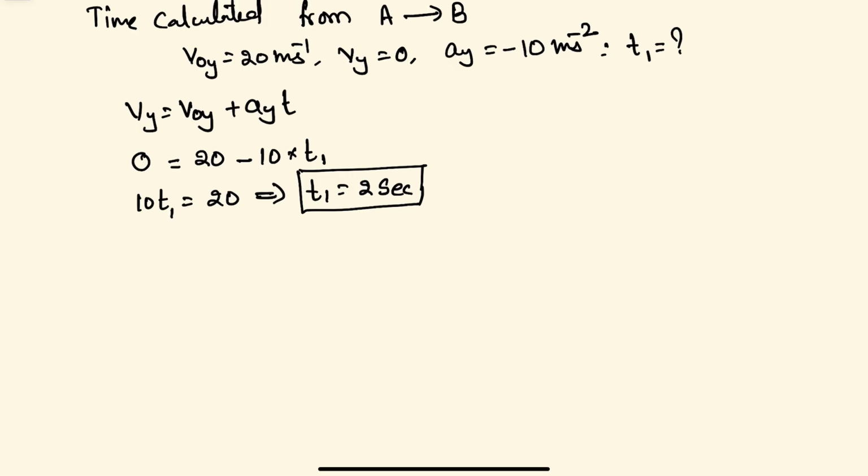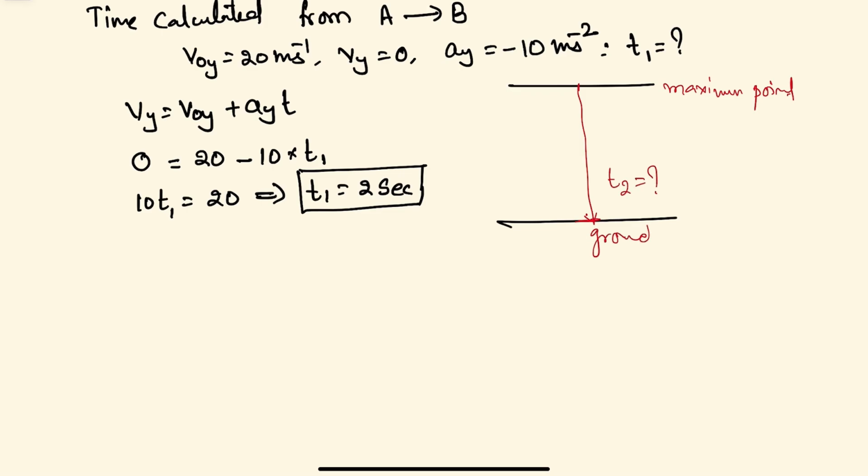So from the maximum point to here, this is the maximum point, this is the ground. What is the time T2? Let us calculate. Right?